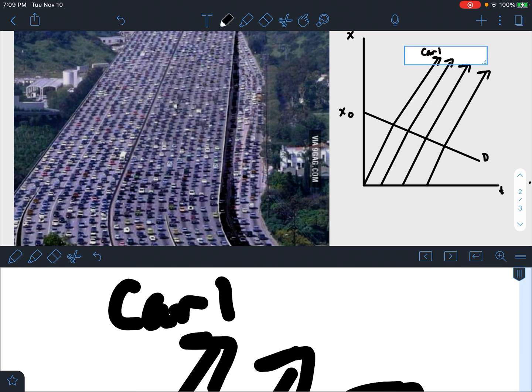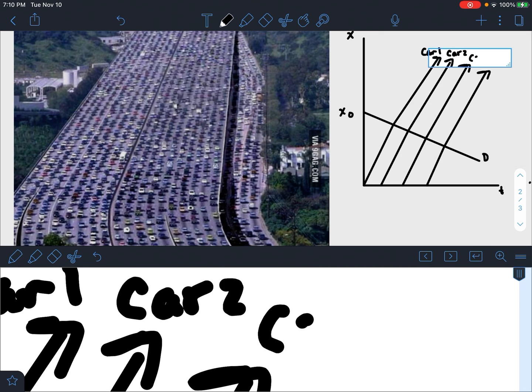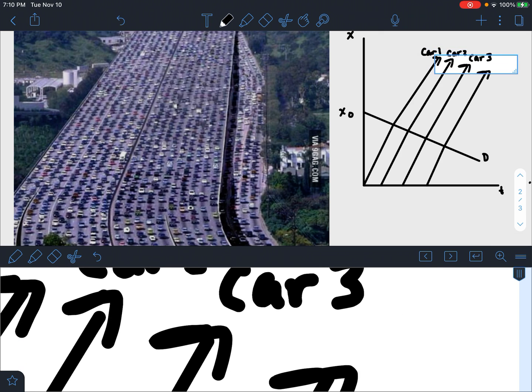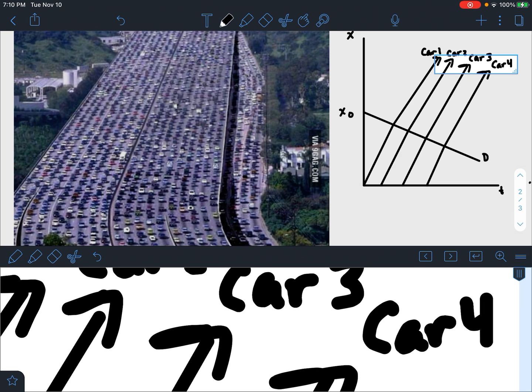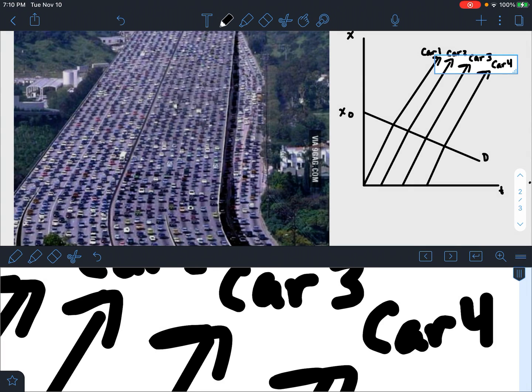Car 1 doesn't follow a distance, and car 2, car 3, car 4 are going to follow the same, but they're going to have higher values because they start at a longer distance, because it takes 2 seconds for reaction time.